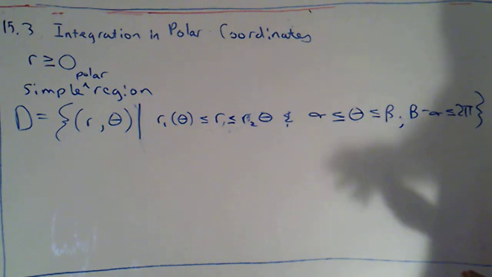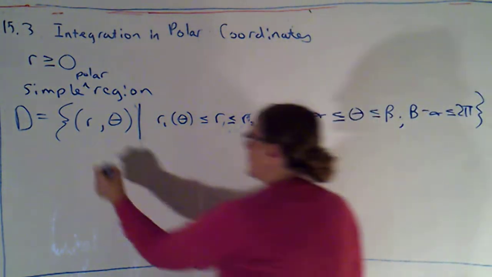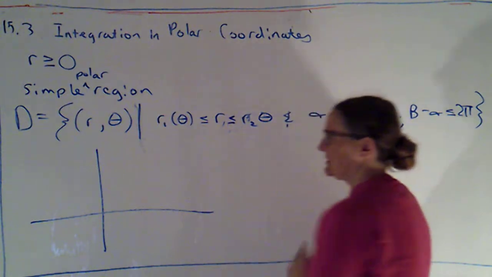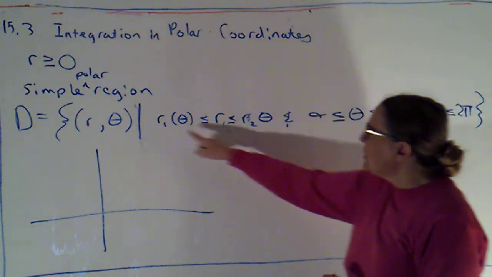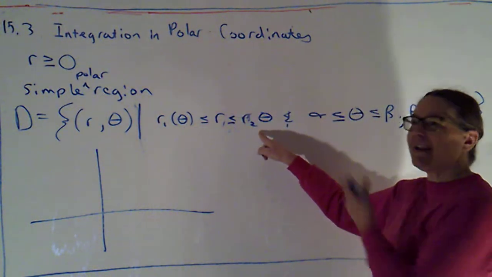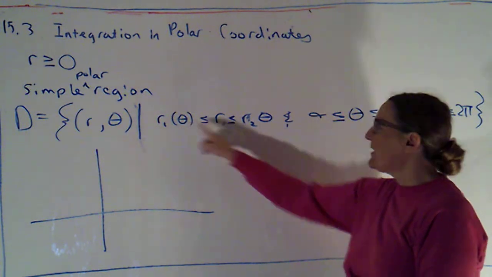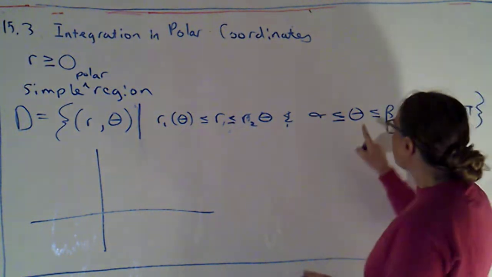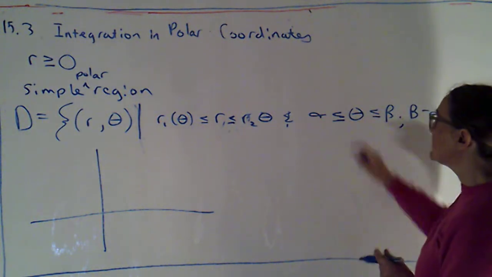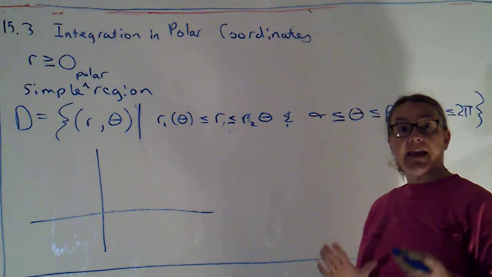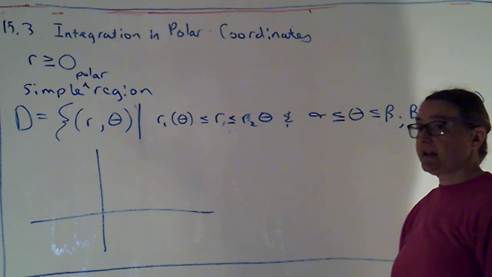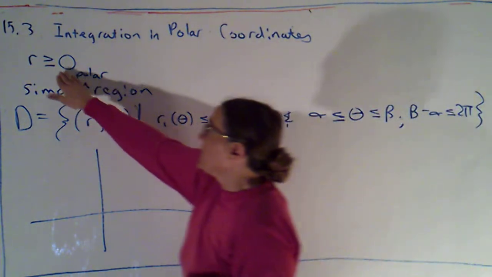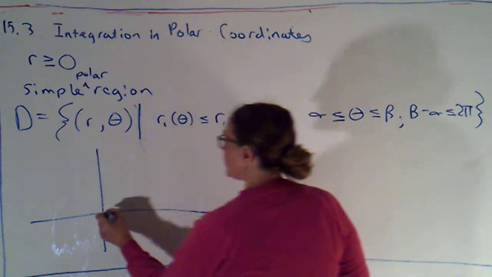Oh my goodness, what does that mean? Okay, well, here's all it means. We're going to have two boundary curves. An inner one, which I'm calling r1 of theta, and an outer one, which I'm calling r2 of theta. And we're going to have two boundary rays. Now, ordinarily, when theta is constant, that gives us a line. Theta being constant with r being non-negative is going to give us a ray.